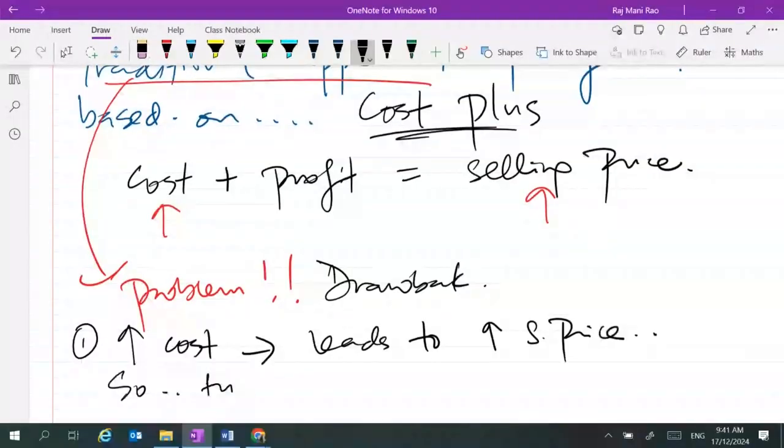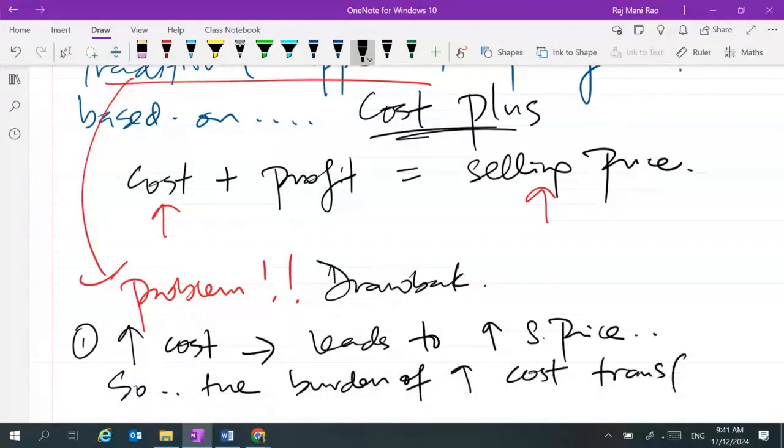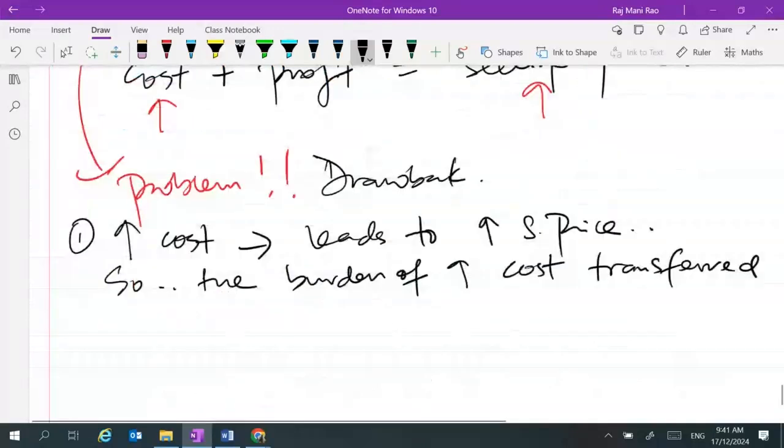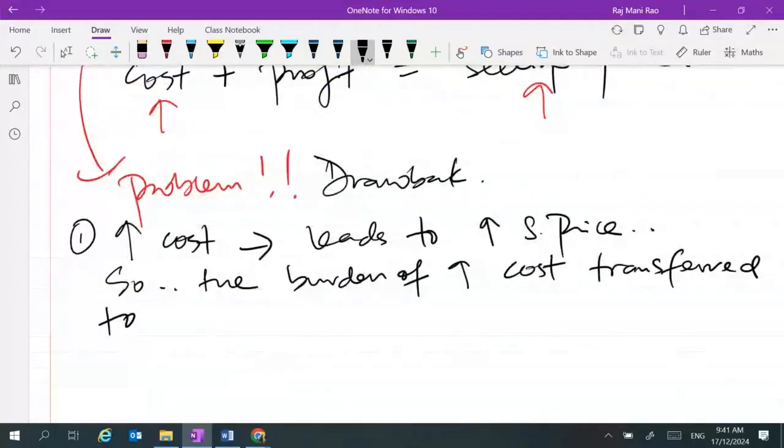So the burden of high cost is transferred to whom? To your father, isn't it? Father, mother, yes or no? If the price goes up in the canteen, it is transferred to father, mother. Give me extra 5 ringgit now. Correct?